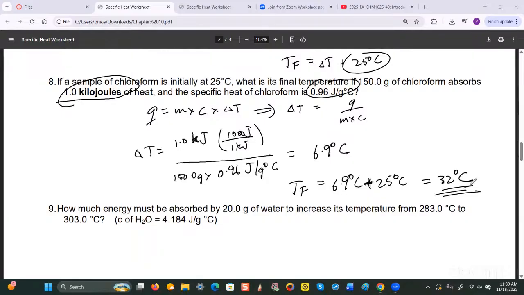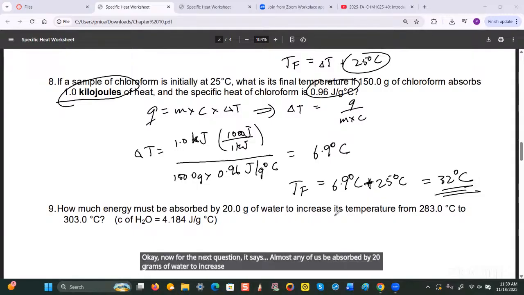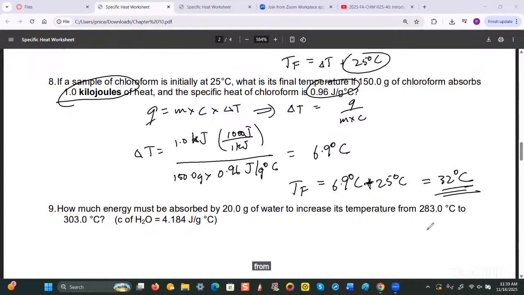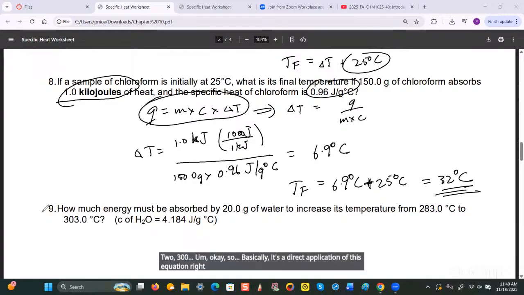Okay, now for the next question, it says, how much energy must be absorbed by 20 grams of water to increase its temperature from 283.0 degrees Celsius to 303 degrees Celsius. Okay, so basically it's a direct application of this equation right here.